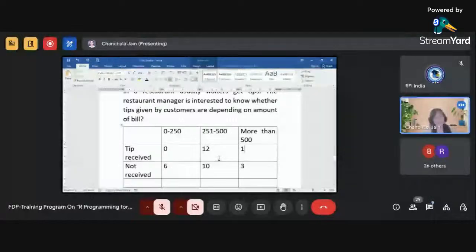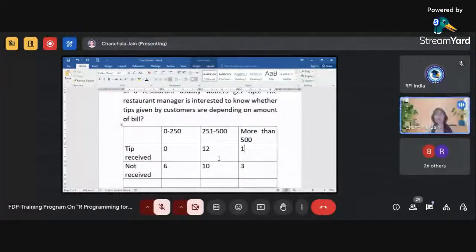But if you have numeric data, suppose the bill size is 250 and the tip received is this, or the bill size is 380 and the tip received is this, or 0, whatever, in that case, if you have that type of data, you can plan for the regression. Okay?